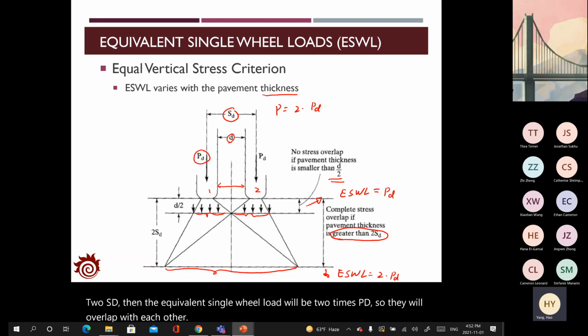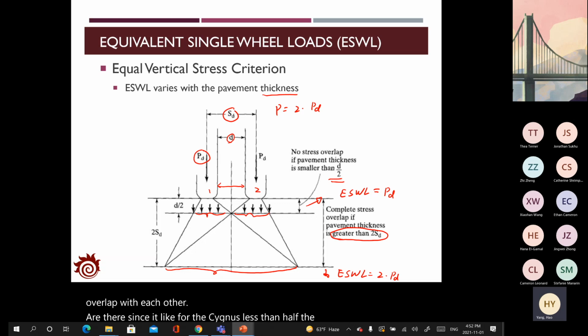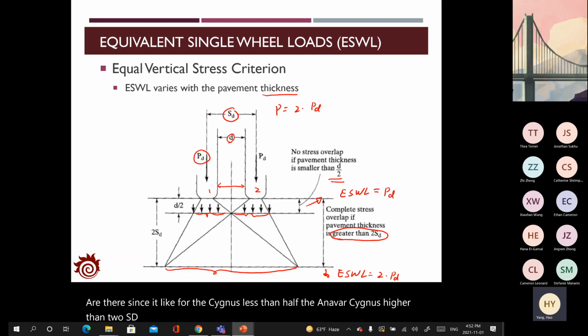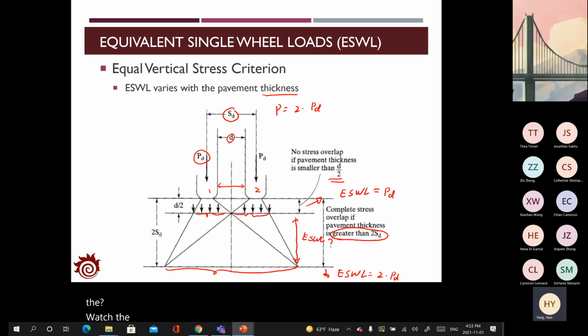The cases for thickness less than half D and for thickness higher than 2 SD are quite simple, but we still need to determine the ESWL for the thickness between half D and 2 times SD.